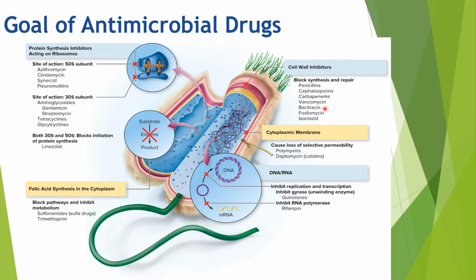That's why it's a narrow spectrum, because it only targets these gram-positive infections, Streptococcus infections, Staphylococcus infections. And by the way, this is the main ingredient that you find in the Neosporin antibiotic. So the Neosporin antibiotic that you apply on your skin, that's the main ingredient right there.